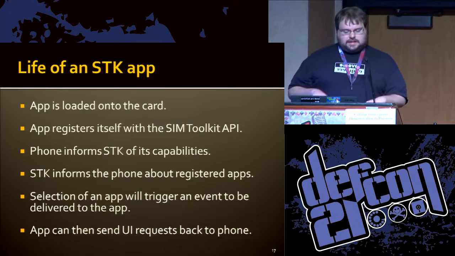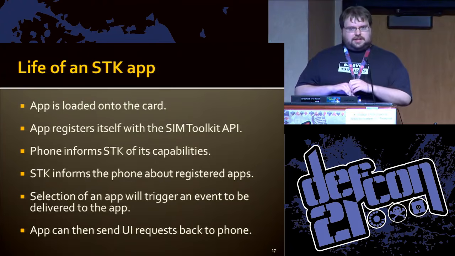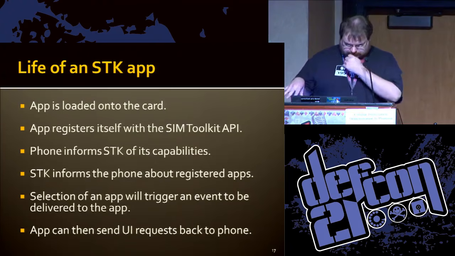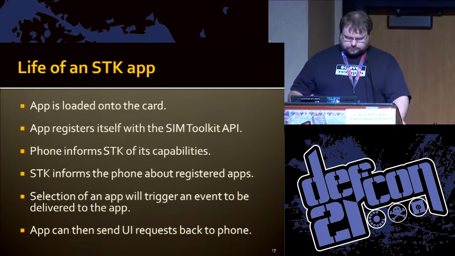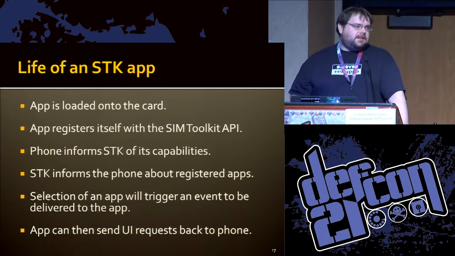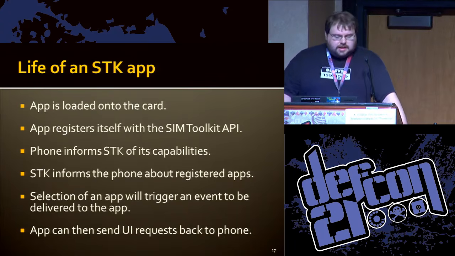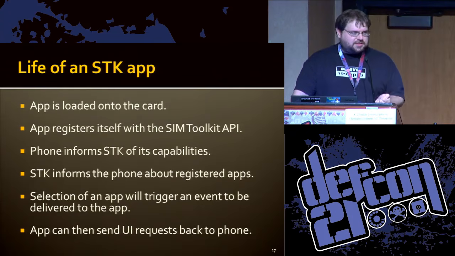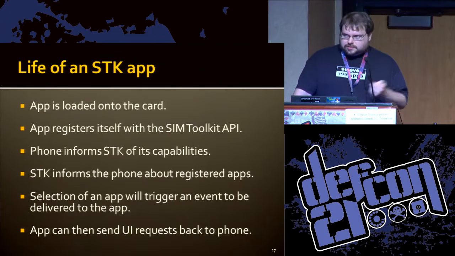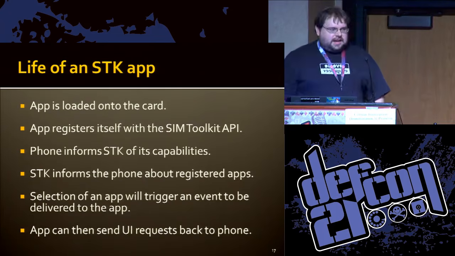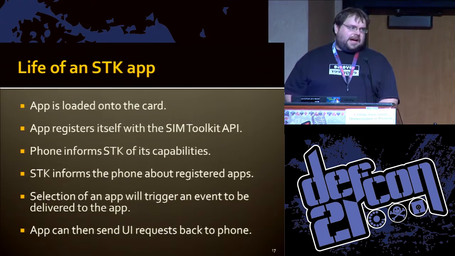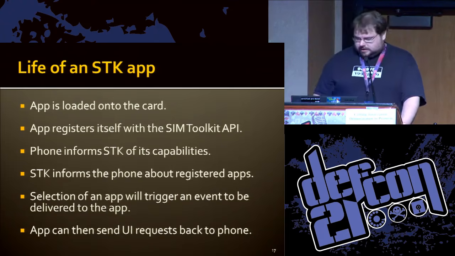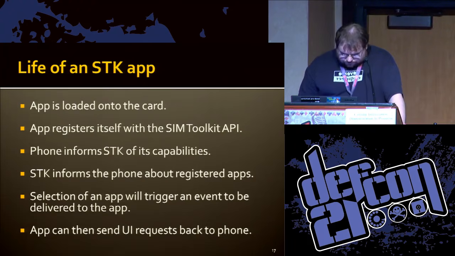The runtime then tells the phone what all the applications are on the card, and you have this menu of applications that you can select. When you select one, it dispatches an event to your particular Java Card application. And then the app can do some I/O back and forth through the standard SIM Toolkit API.